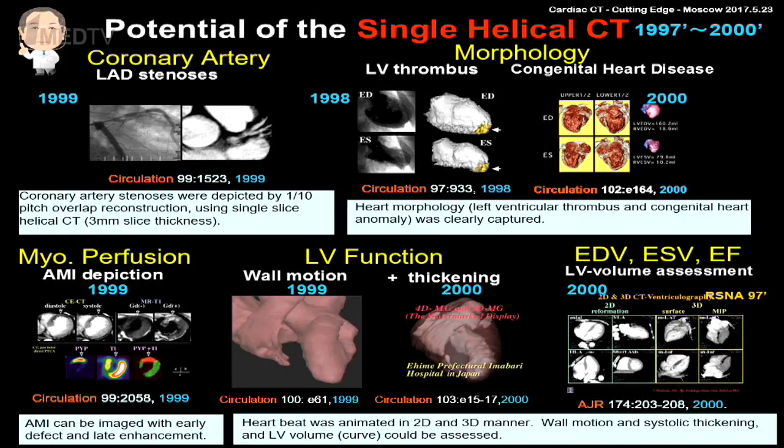So using the single helical CT, I proposed the potential use of CT to image the heart: coronary artery morphology, myocardial perfusion, left ventricular function, and parameters for the end-diastolic volume, systolic volume, and the ejection fraction.